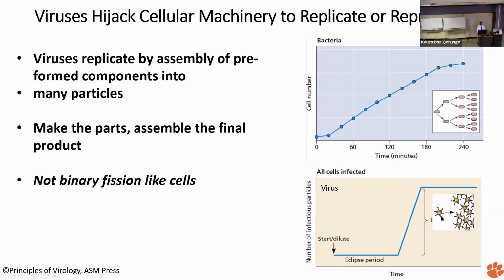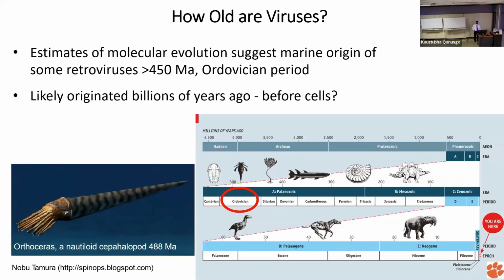Before that, you cannot see an infectious virus particle. You will see that some parts of the viruses are made, but they are not infectious virus particles. So this is how the viral machinery works, hijacking the cellular machinery to replicate or reproduce.